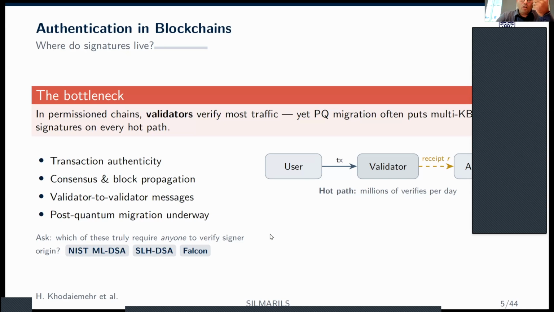And in which situations do you need validator acceptance alone? Auditors may still need something for checking later, like receipts, but that's a control channel, not a public PKI on every packet. That's the rationale behind designing SILMARILS, and why we are focusing on designated verifier signatures, not general-purpose signatures.